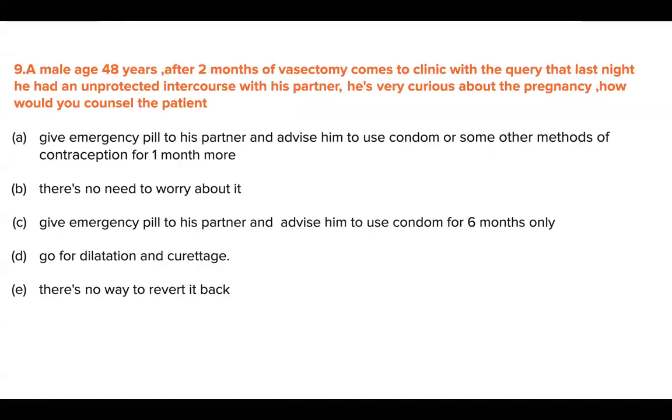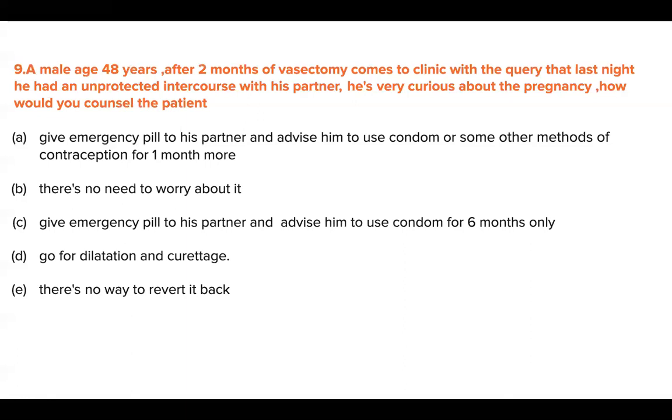Now, question number 9. A male aged 48 years, 2 months after vasectomy, comes to the clinic with the query that last night he had unprotected intercourse with his partner. He is very curious about pregnancy. How would you counsel the patient? A, give emergency pill to his partner and advise him to use condom or some other method of contraception for 1 month.